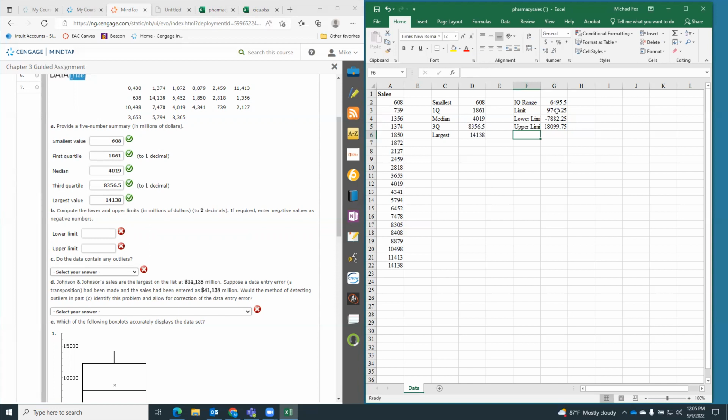So in essence, when they're looking for outliers, what they're looking for is anything that would fall outside of a range of 1.5 times the interquartile range, below the first quartile or above the third quartile. That's going to give us our upper and lower limits.